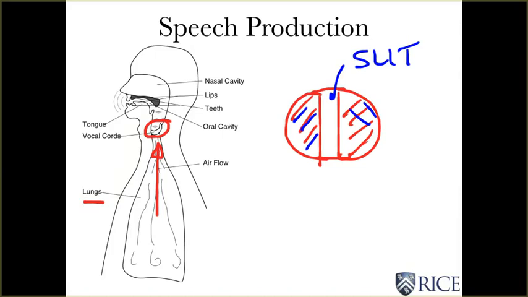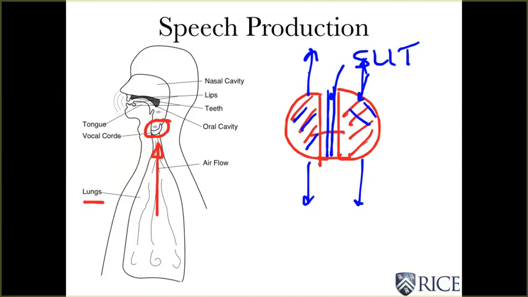When you want to say something, these come under tension. They're pulled, and that closes up this slit. And in fact, they become completely closed.